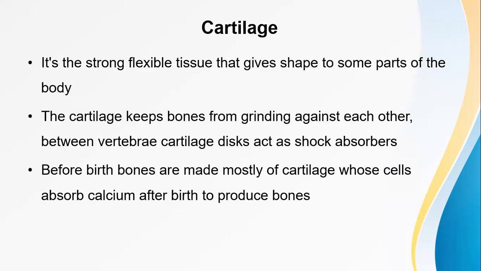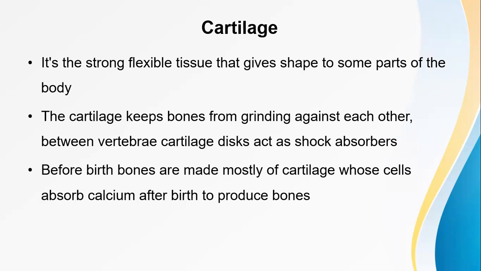Cartilage is the strong, flexible tissue that gives shape to some parts of the body. It's a kind of tissue that can hold up the bones together, and it prevents the bones from grinding against each other. Between the vertebral cartilage, the discs act as shock absorbers.